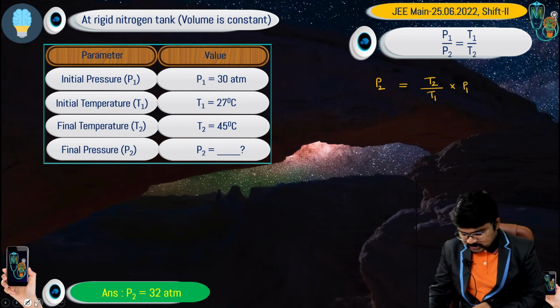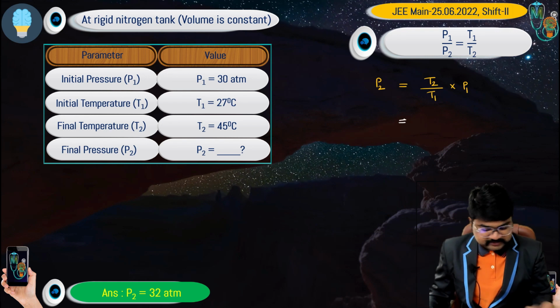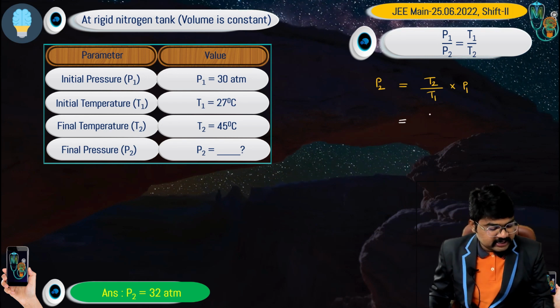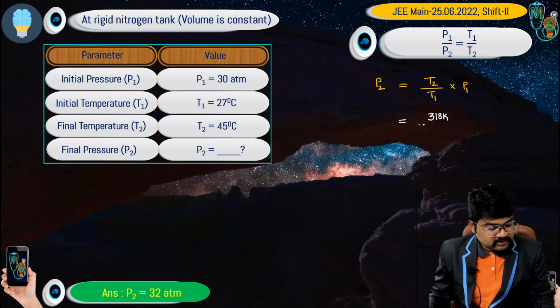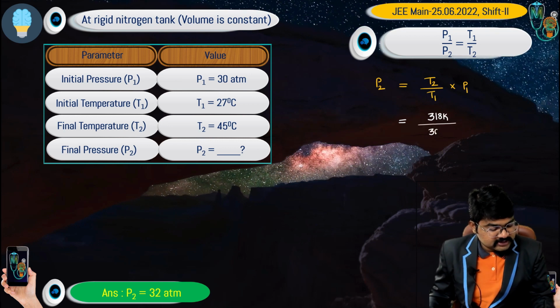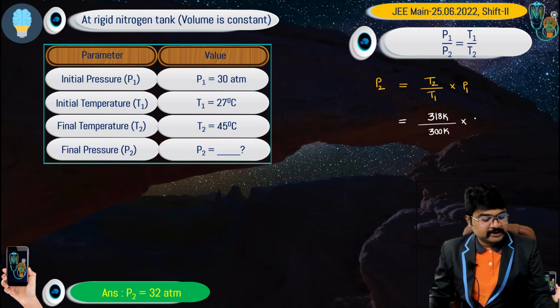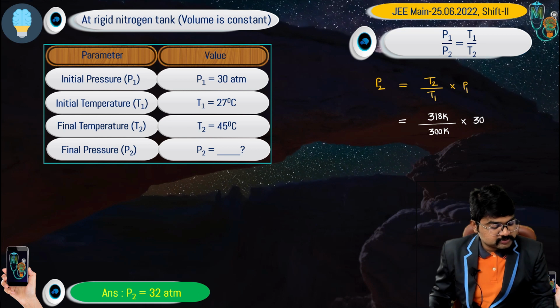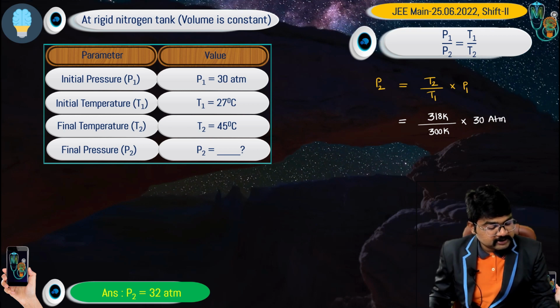What is T2 here? You converted it into Kelvin, 318 Kelvin. What is T1? 300 Kelvin, into, what is P1? 30 atmosphere pressure.